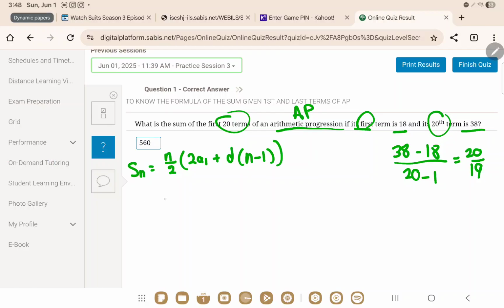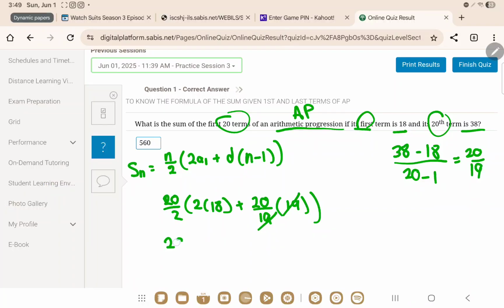Now, 20 over 2 into 2, first term is 18, plus d, which is 20 over 19, into n minus 1, which is the number of terms minus 1, so 20 minus 1 is 19. Obviously, 19 is going to cancel out with 19.